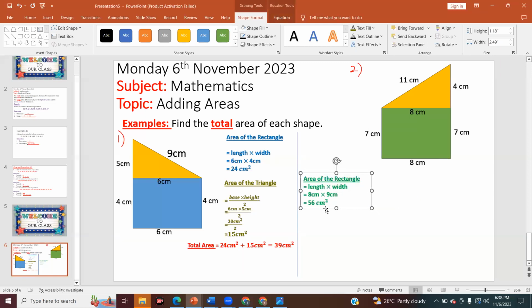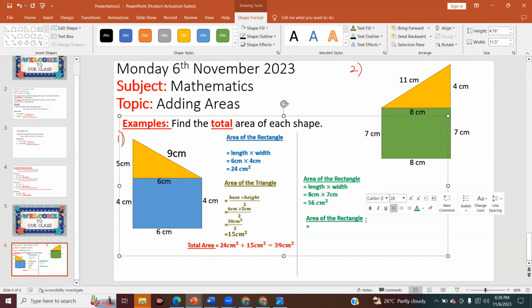Now, Bree, how are we going to get the area of the rectangle? I mean the triangle. So you made a mistake. 8 times 9 is 72. I'm sorry, it's supposed to be 8 times 7. So 8 times 7 is 56 centimeters squared.